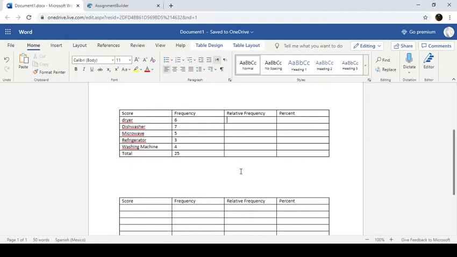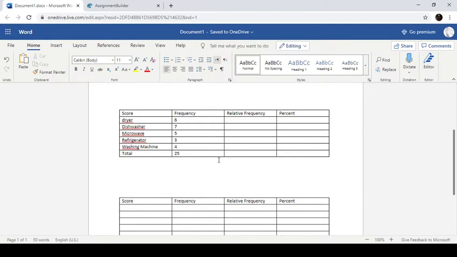Next is relative frequency. So relative frequency is not a measure of how often it happens, like frequency is, but it's a measure of how often it happens in relation to the rest of these. So, for instance, dryers happen 6 times. In relation to that, there are 25 other points, so it's 6 out of 25 times.